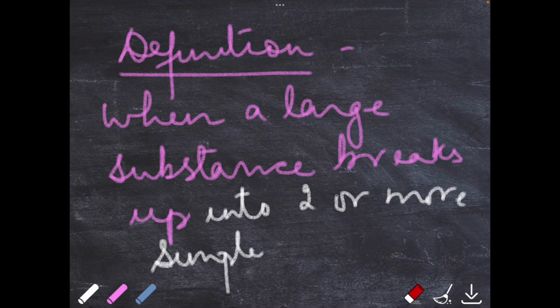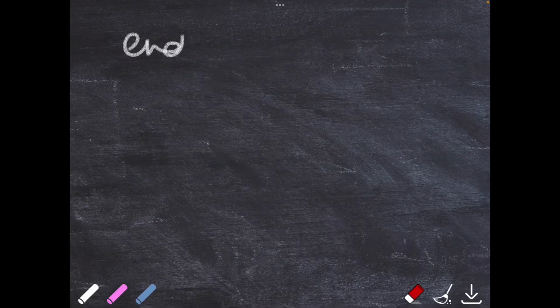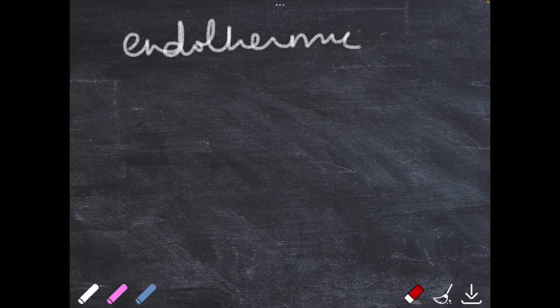I'm sorry, I've changed the color of the chalk. So this is what a decomposition reaction is. When a big molecule or a bigger substance breaks up into two or more simpler substances or smaller substances, it is a decomposition reaction. Now, because energy is required, decomposition reactions are endothermic in nature. Most of the decomposition reactions are endothermic in nature, that is, heat is absorbed.